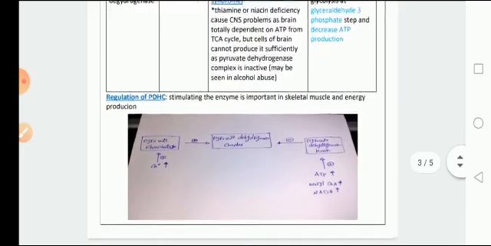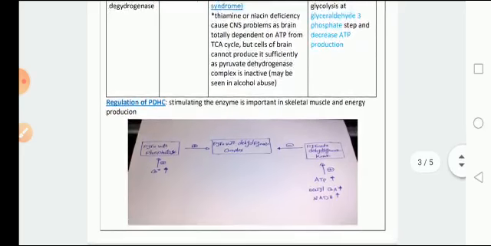This link reaction, since it is irreversible, has to be regulated. Calcium would activate the PDH phosphatase, or pyruvate phosphatase. This pyruvate phosphatase is going to dephosphorylate. Dephosphorylate means removal of a phosphate group from our complex, which is PDHC.